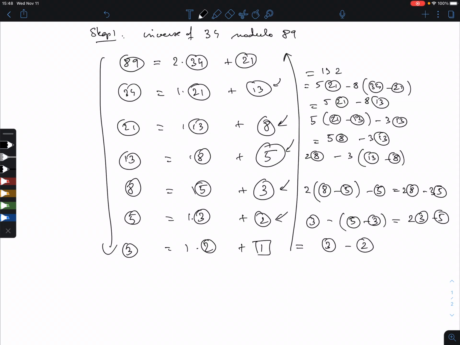Oops. That is 13 times 21 minus 8 times 34. And then finally I use 21, which is 89 minus 2 times 34. So 13 times 89 minus 26 times 34, minus 8 times 34, and going back down here, we see that 1 equals 13 times 89 minus 34 times 34.